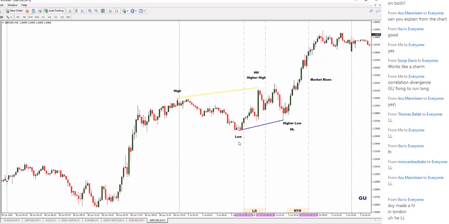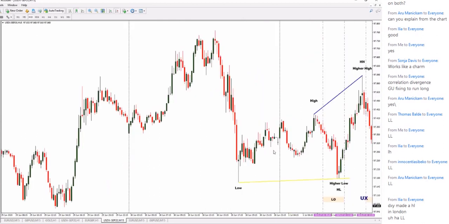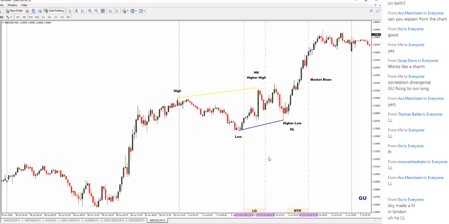Under normal conditions, when DXY makes a higher high, EU should make a lower low, GU should also make a lower low. It does not. What happens is GU is getting bought up, right? Accumulation in GU is buys here that is unable to push price lower. So GU cannot make a lower low, right?